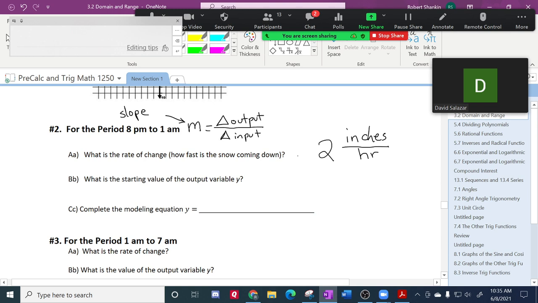Okay. And then, all right, part B, what do you have for that? Would the starting variable be the starting value? It'd be 20 since there's already 20 inches of snow. Very good. So it's the output when you started, the starting value of y, and y is inches. Okay? And then, what about the modeling equation?